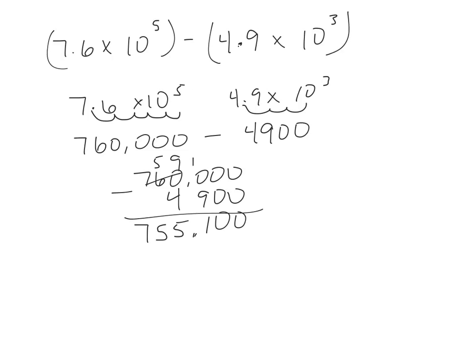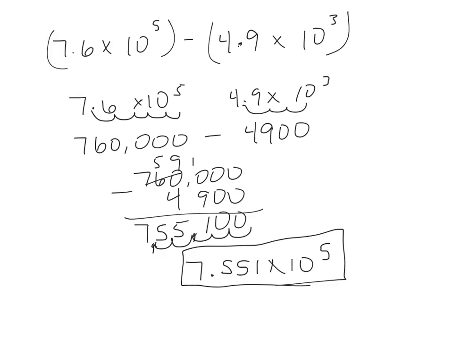Now I need to put that back in scientific notation. Okay? The decimal goes after the first non-zero digit. I write down all the digits that are remaining till I only have zeros left. Multiply 1, 2, 3, 4, 5 times 10 to the 5th. Okay?